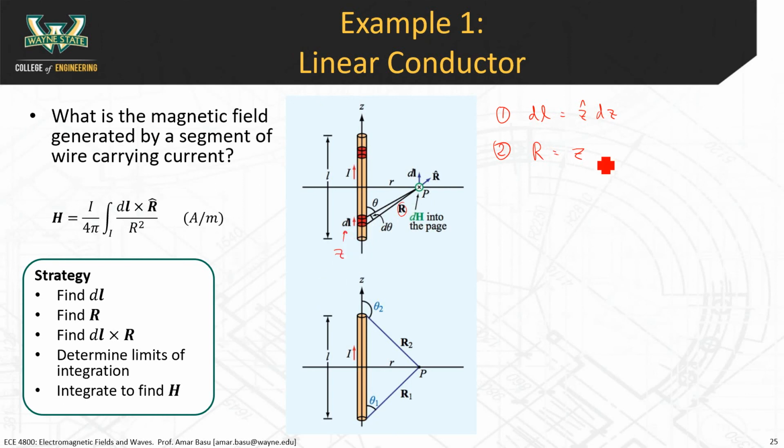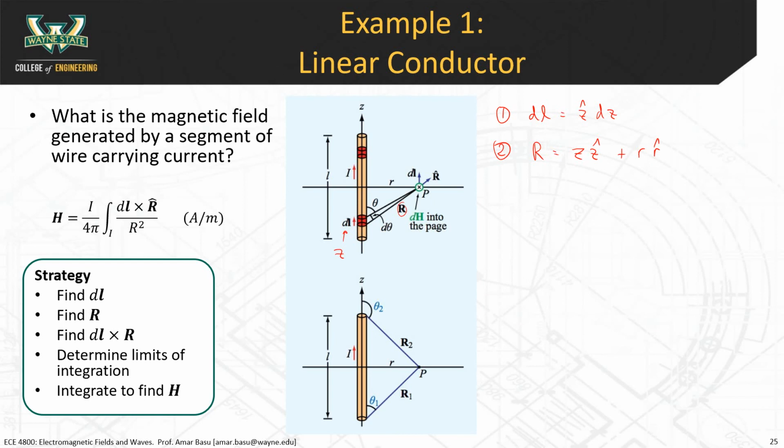In order to get from this location of the current to the observation point, we have to move up z, and then we have to move outwards by a distance of r. So z times z hat plus r times x hat. Or we can do this in the cylindrical coordinate system. We could say r times r hat. So that's our r vector.